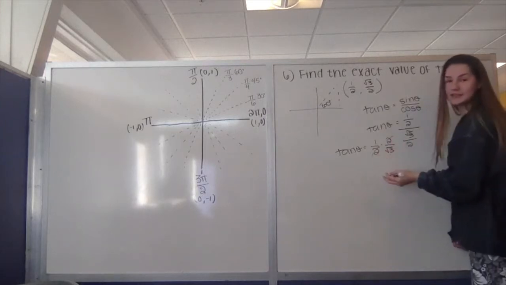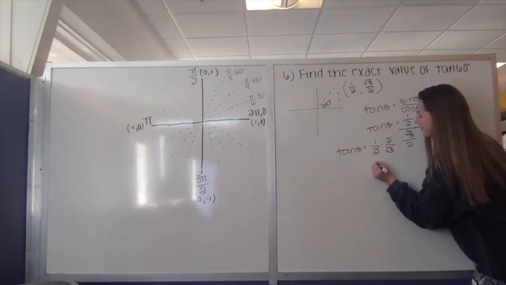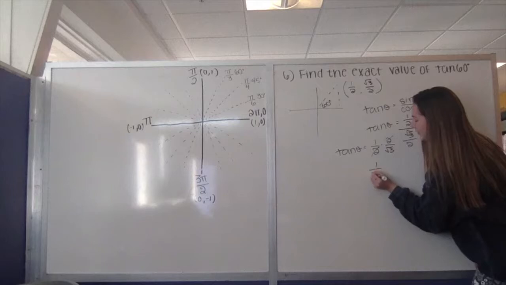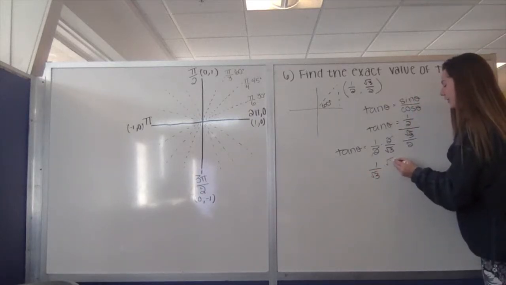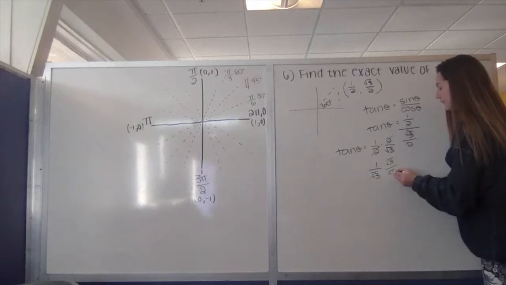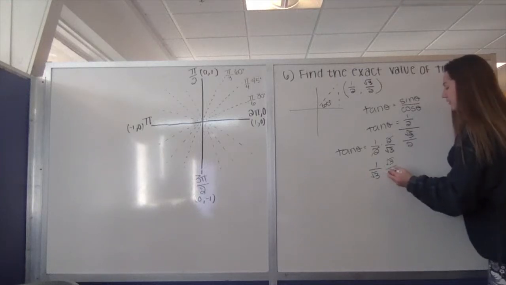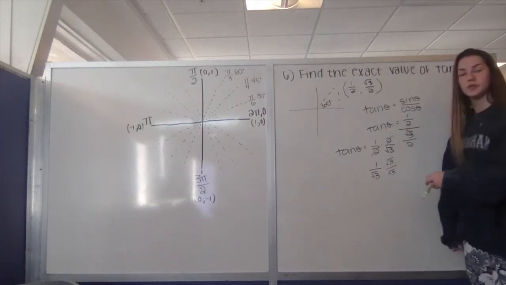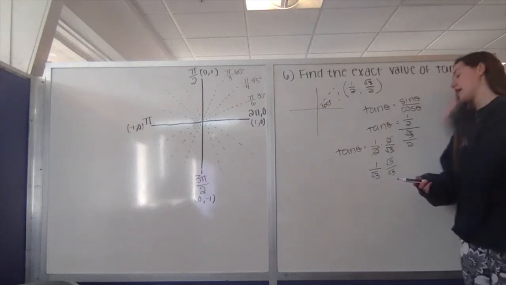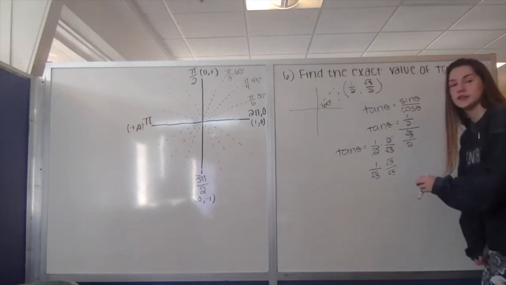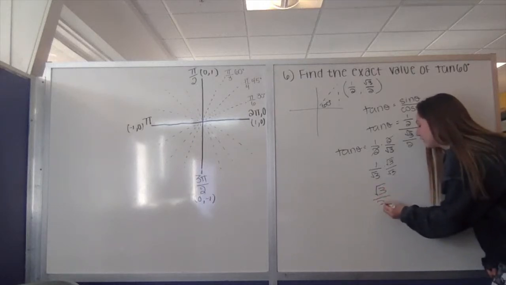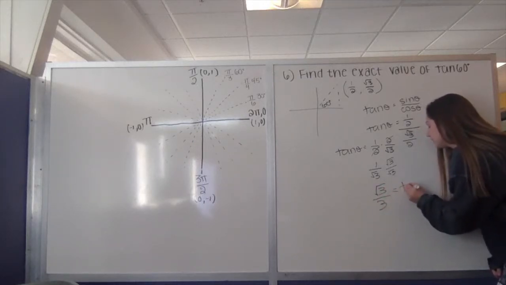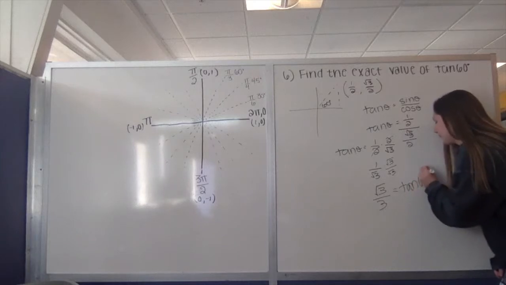But the 2's cancel out, and then you're left with 1 over radical 3. But you can't have a radical in the denominator, so you have to multiply by radical 3 over radical 3. And when you multiply two radicals, they cancel out and leave you with just the number underneath. So it's radical 3 over 3 is the tangent of 60.